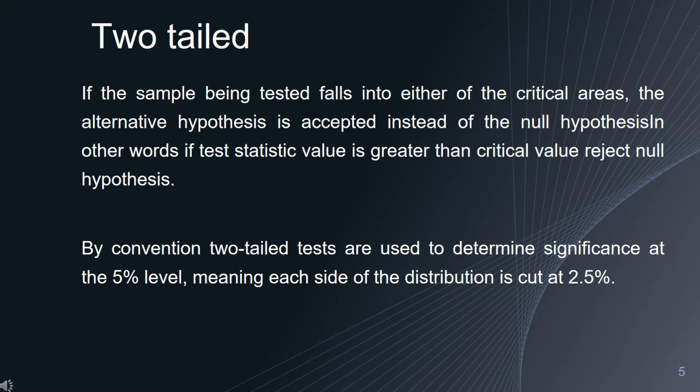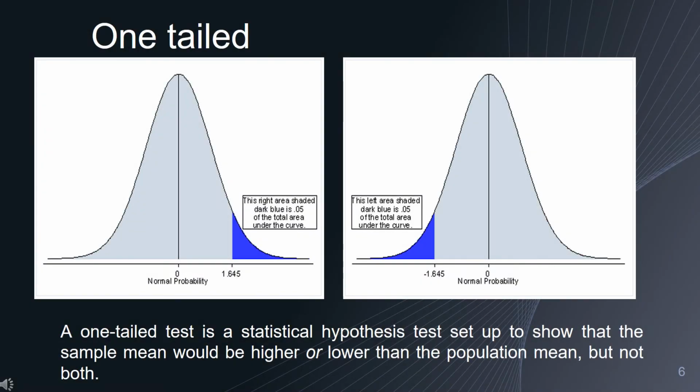Now I speak about the one-tailed test. I consider only one side and that area is the critical area. So in the first graph, the whole area on the left side of the blue line is the critical region, whereas in the other diagram, the whole area beyond that blue line towards the right is my critical region.